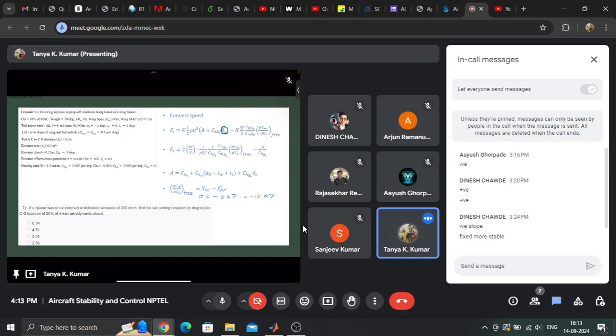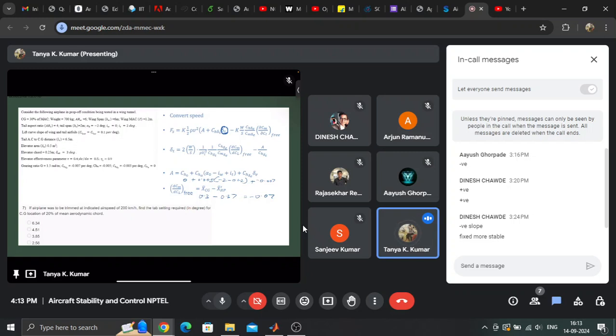So CH naught is 0. The CH alpha is 0.005. Alpha naught is minus 2. Wing setting angle is 0. Tail setting angle is 2. CH delta E is minus 0.007.